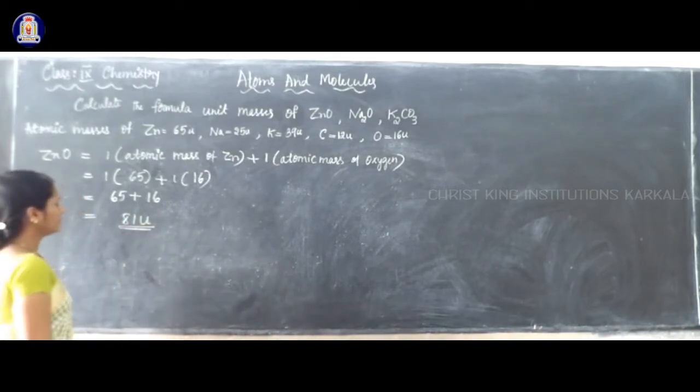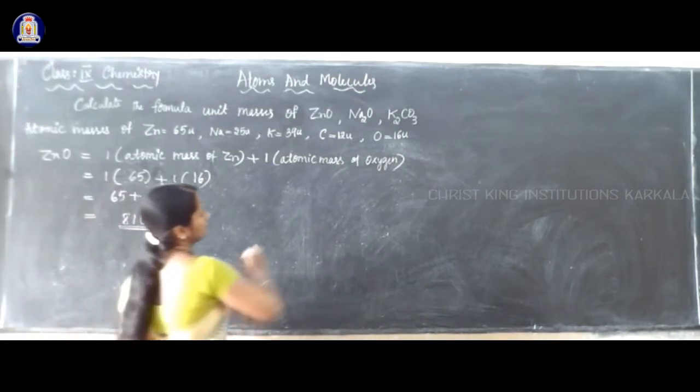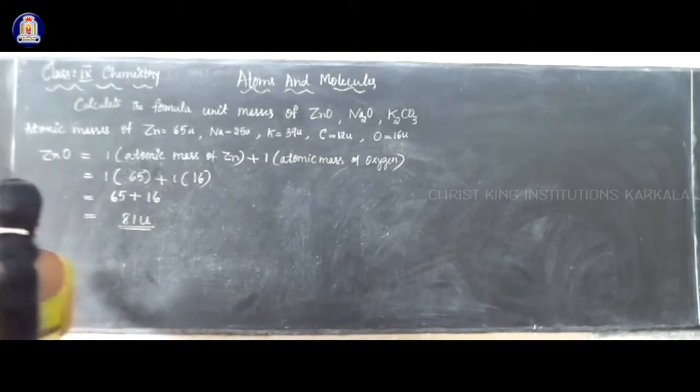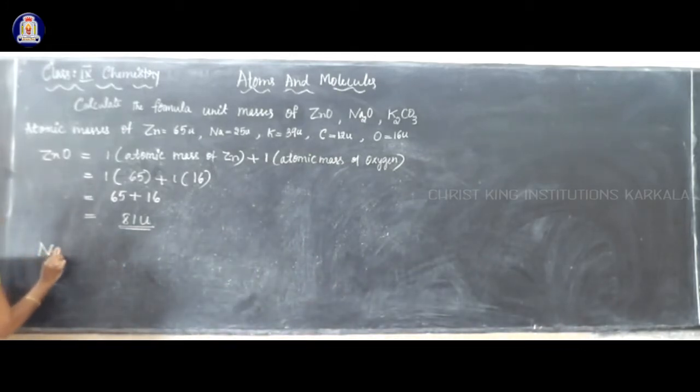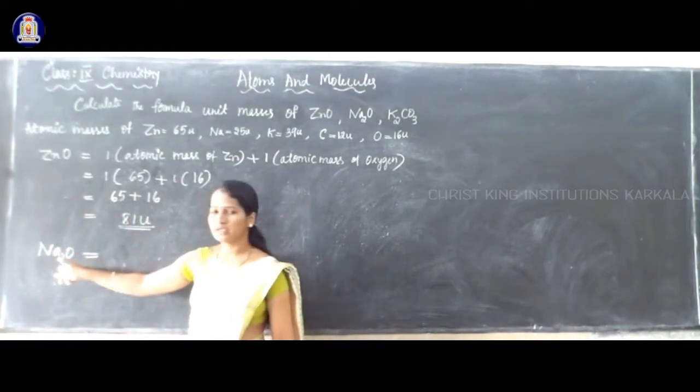We'll move to the second compound, that is Na2O, sodium oxide. In the formula, 2 atoms of sodium are present.